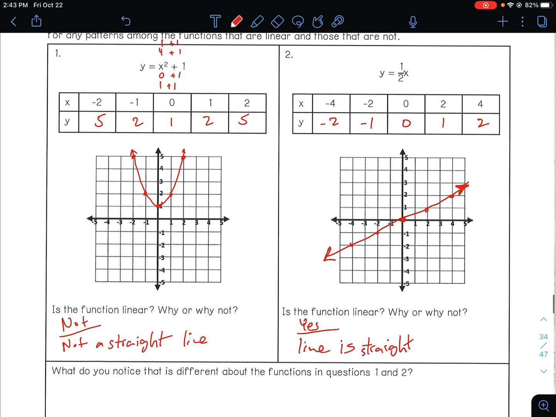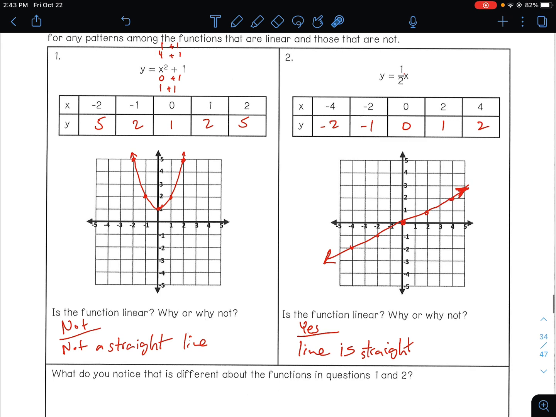So let's look at the table real quick. How do I know the rate of change? Well, let's discuss the rate of change. We know how to do it with the graph. For the first function, the line isn't straight, so that's why it's not a linear function. But with the table, if I didn't have this graph, how would I know if it was linear or not?